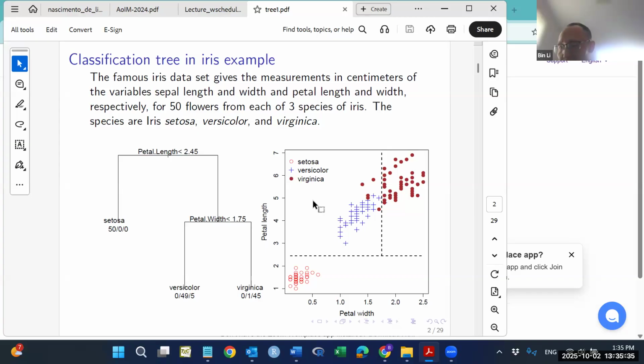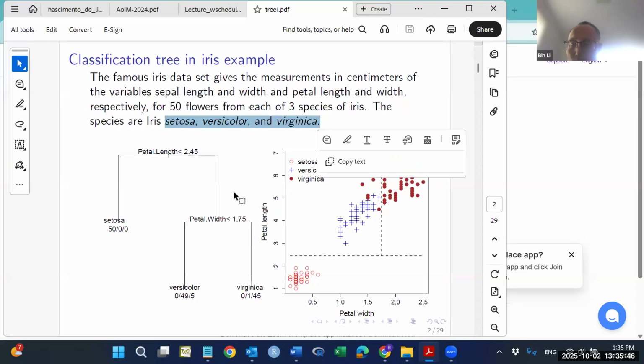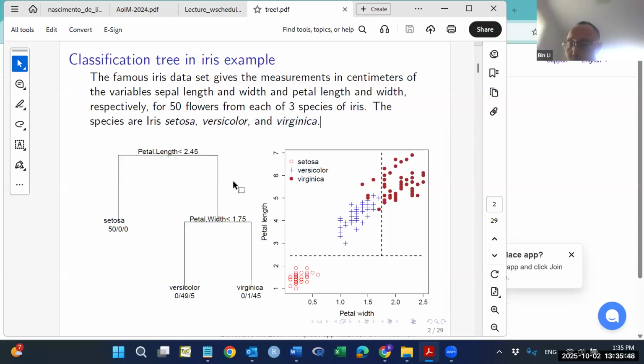Each species contains 50 flowers, 50 measurements. These 3 species are Setosa, versicolor, and virginica. The purpose is to use these 4 numeric measurements to classify the flower as belonging to one of the 3 species.